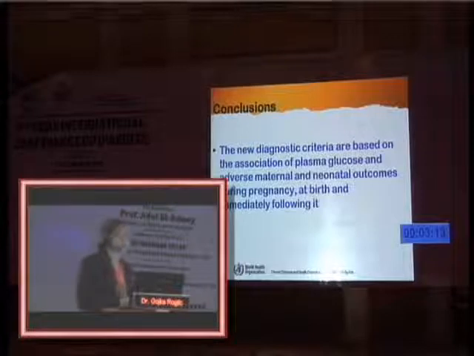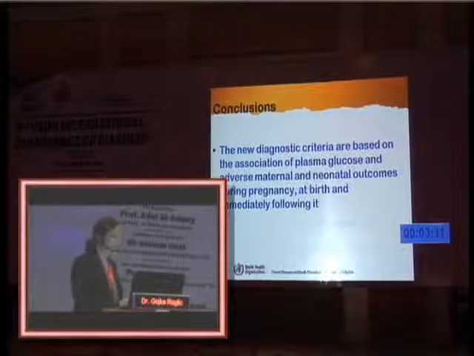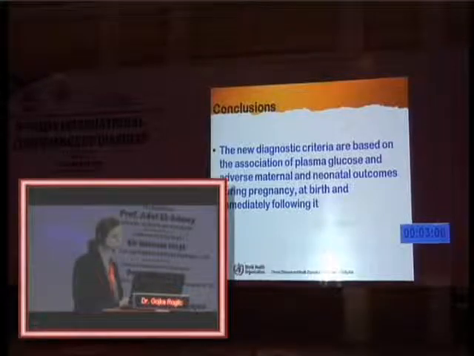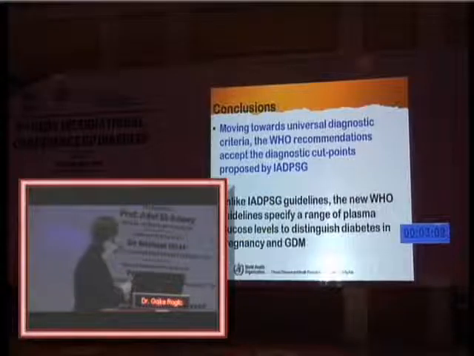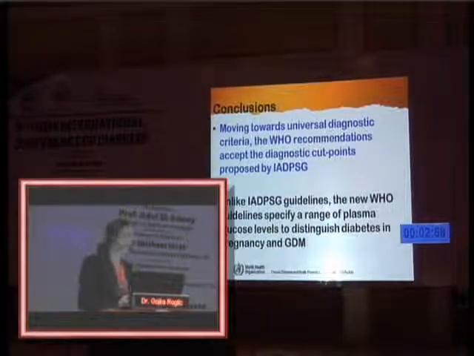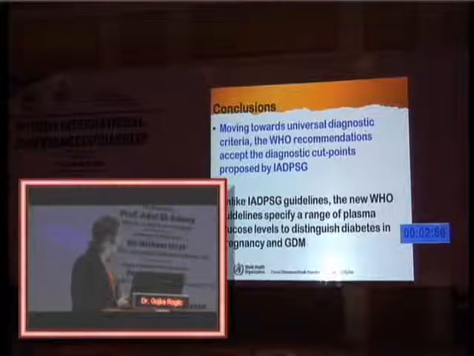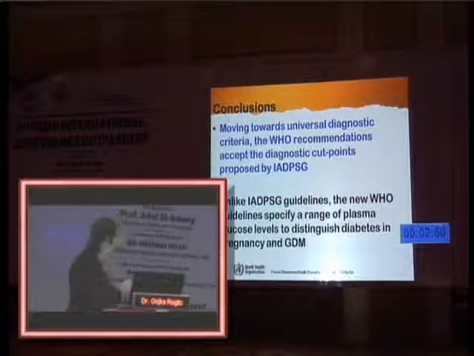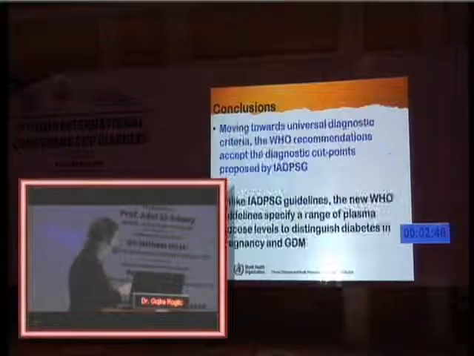And the new diagnostic criteria are based on the association of plasma glucose and adverse maternal and neonatal outcomes during pregnancy, at birth, and immediately following birth. And in the interest of moving towards universal diagnostic criteria, the WHO recommendations are the same as those of the IADPSG, but there are some modifications.